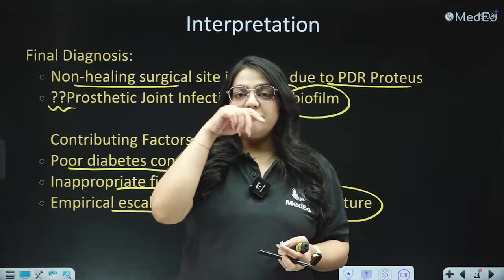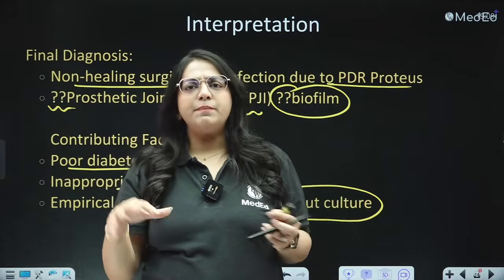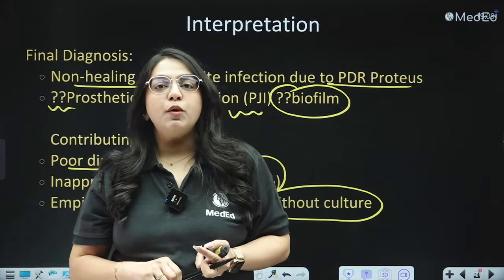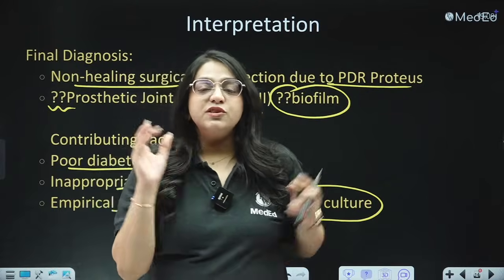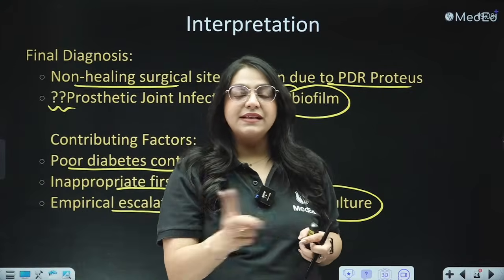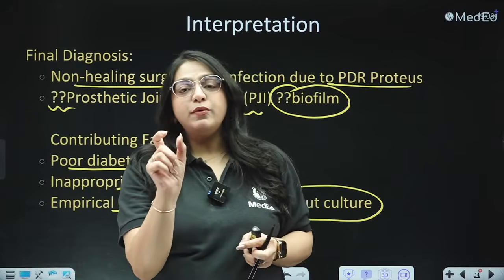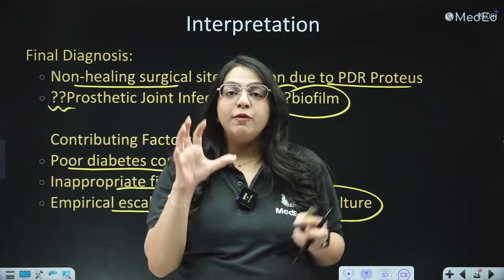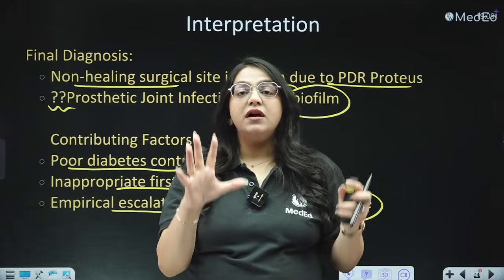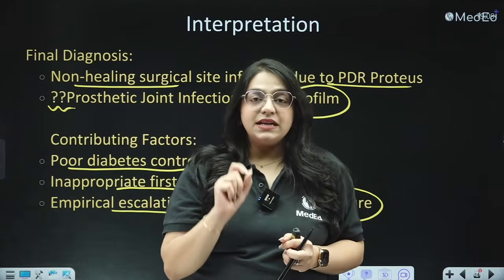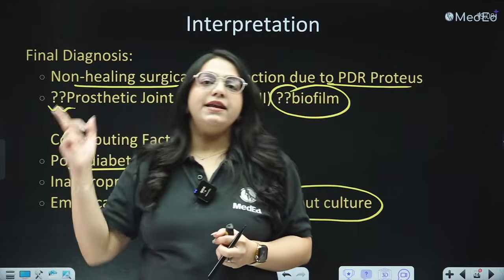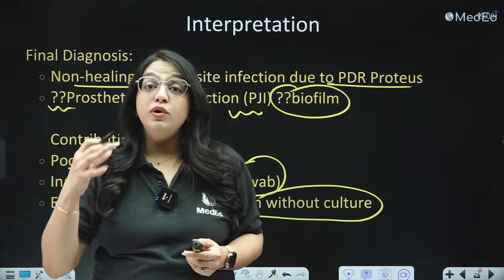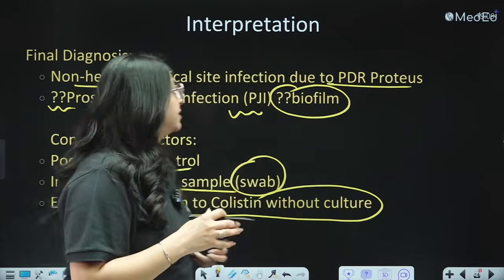Even if initially the infection was because of multiple infecting organisms and the pan-drug resistant Proteus population was smaller, you have given so many antibiotics to the patient that everything else gets killed, and the small population of PDR Proteus starts growing even more. And now you have a pure infection with a highly drug resistant organism. That is why just giving a high-end antibiotic is not the correct way of dealing with things, right? Sometimes it can cause more damage than good for the patient.